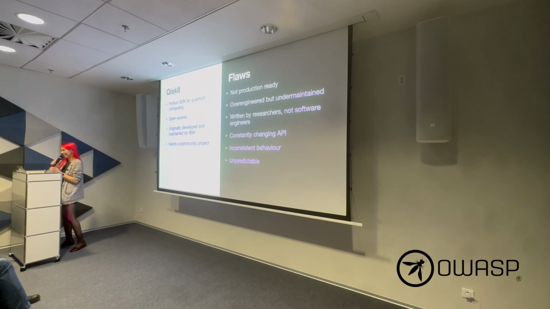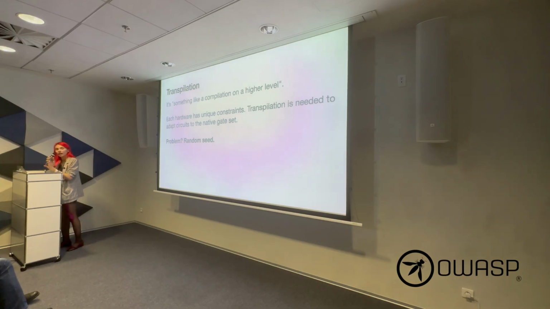Yeah, so that was a longer example of the flaws. Then I picked a few more concrete examples, which I have on the slide here. The first one is called transpilation. What does it mean in the quantum computing context? When you work with this Python SDK, it is still a very high-level way of writing the code for quantum computers.